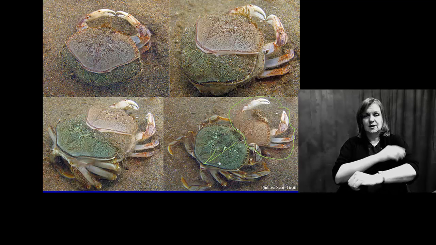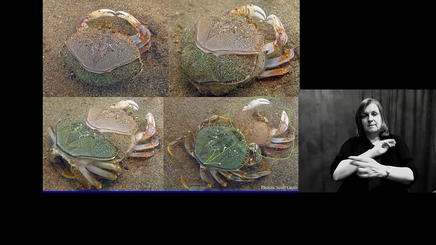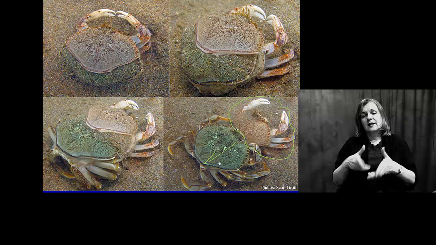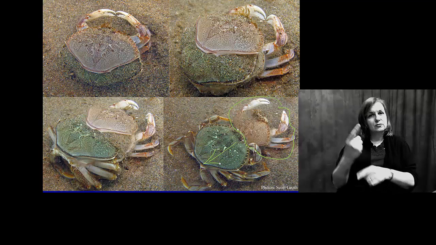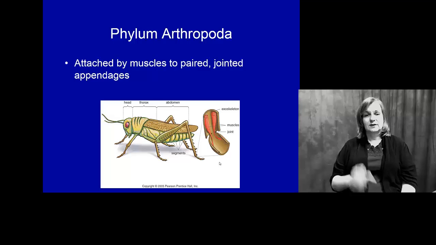Now, during this time, this crab is going to be at risk. Why? He's now soft. That exoskeleton is like a suit of armor. He's just backed out of his suit of armor, and now he has to wait a couple of days. And in that time, until his exoskeleton hardens again, he's actually quite vulnerable to predation.